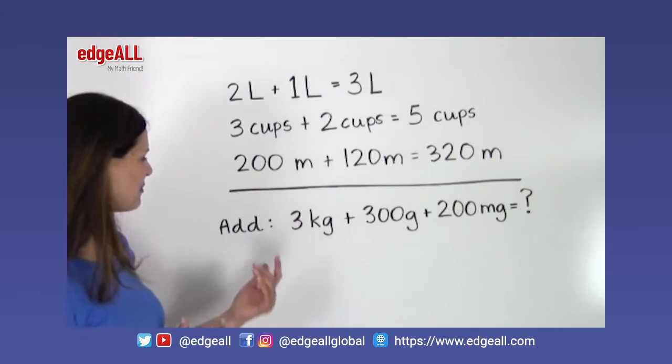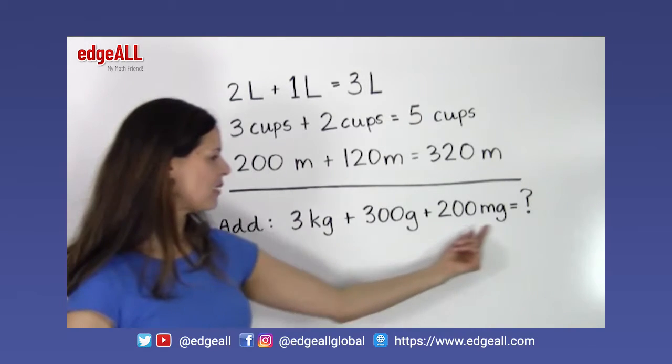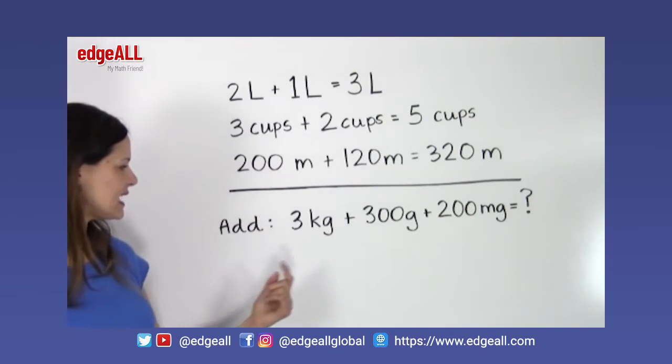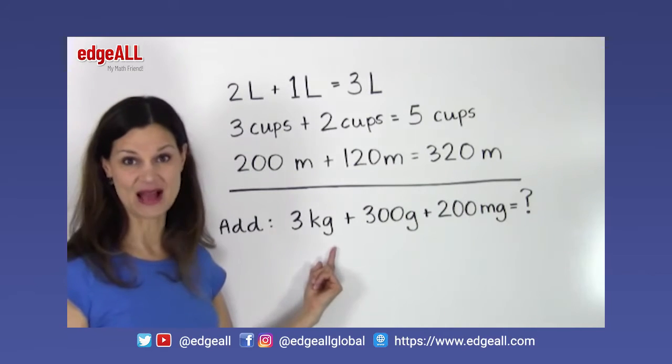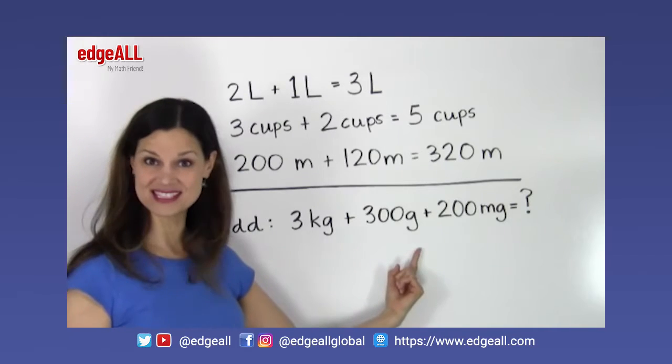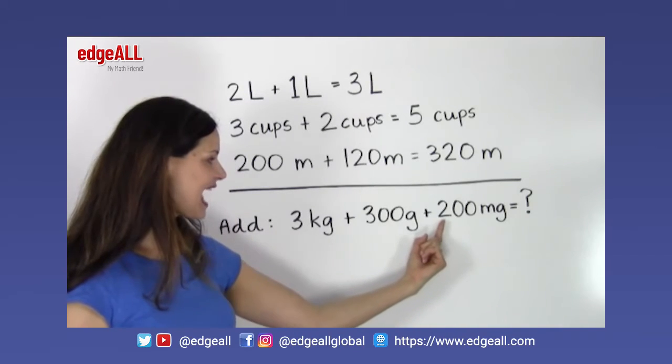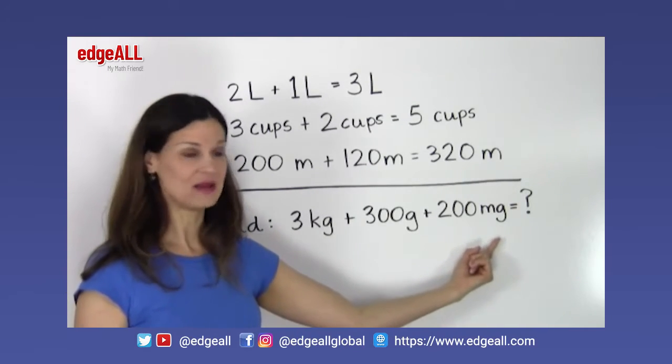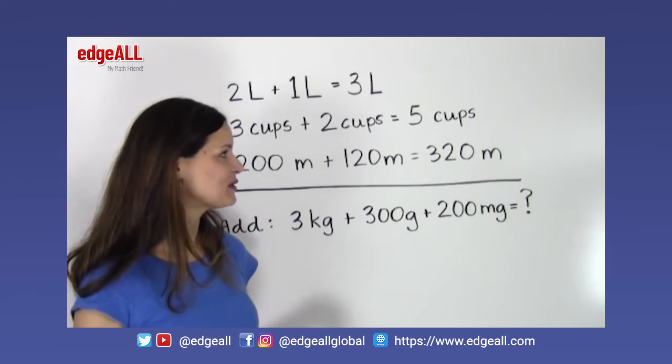So, for example, if you look at this problem here, you can see that I have 3 kilograms, and they're wanting me to add 300 grams to that, and add another 200 milligrams. And what would the answer be?